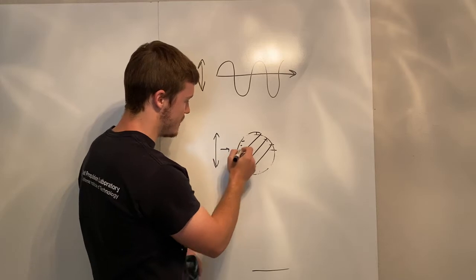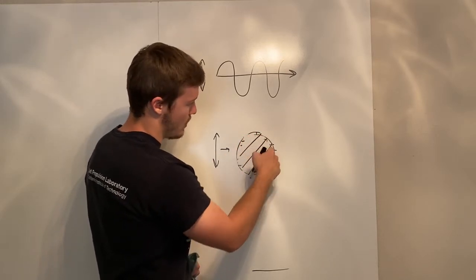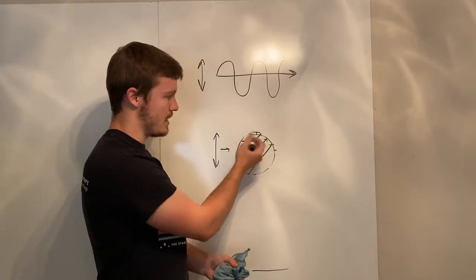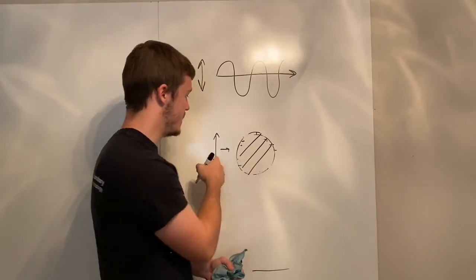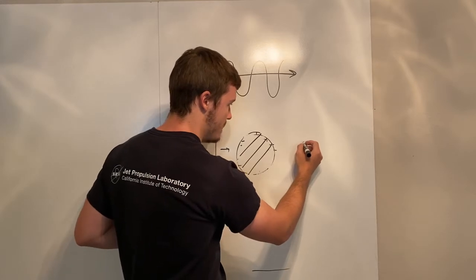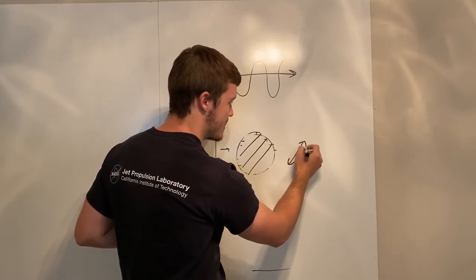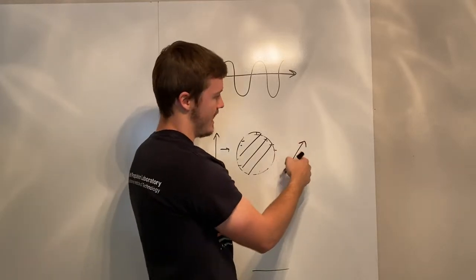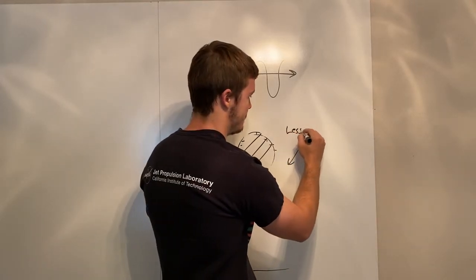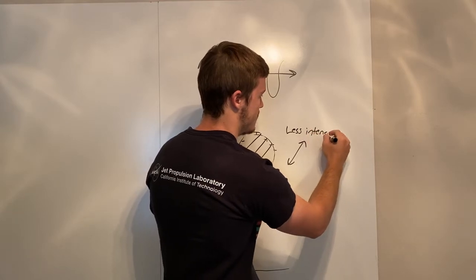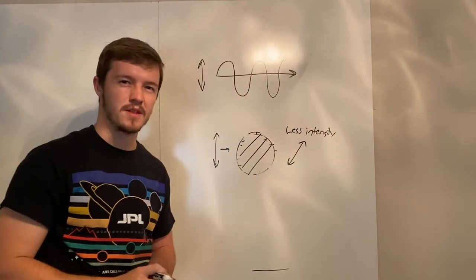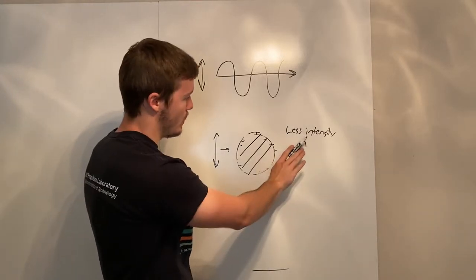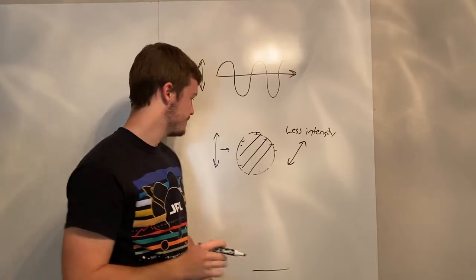What we find is that if the angle of the polarizing lens is not 90 degrees to this, but just some other angle in between 0 and 90, we do get light out the other side, which has become polarized in the direction of the polarizing lens, but the intensity is less. And intensity is synonymous with brightness here. So you get less bright light out the other side, and it's been polarized in the direction of this filter.